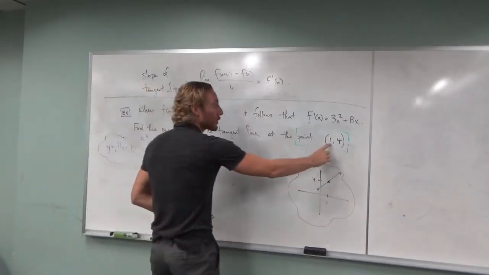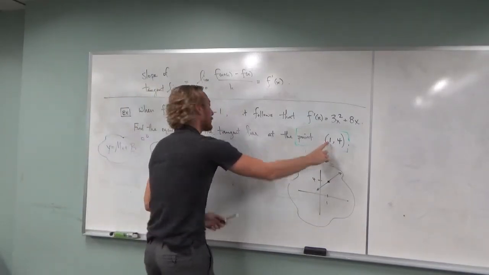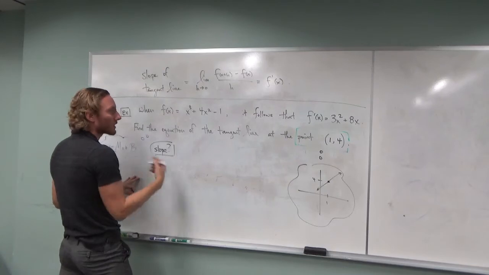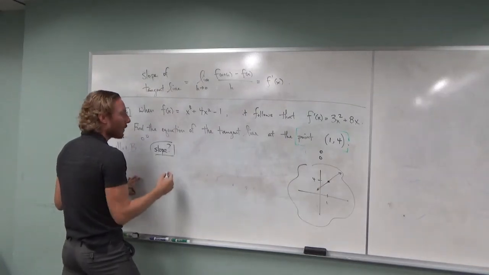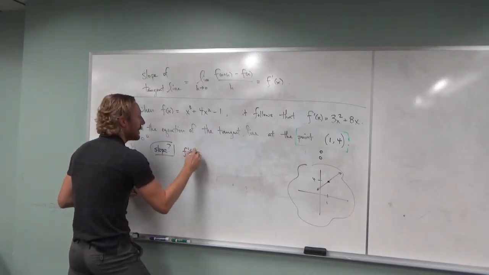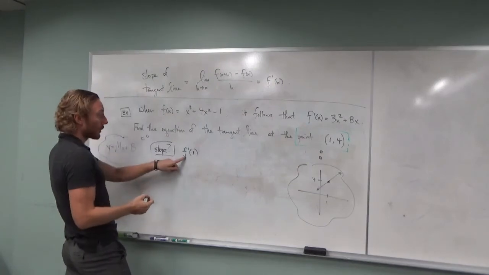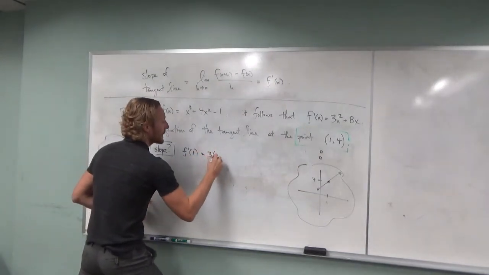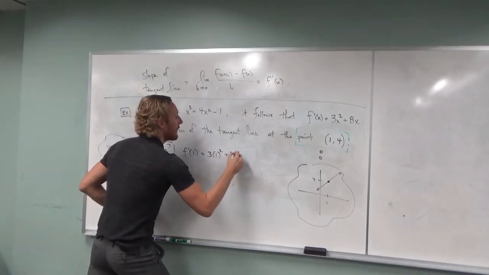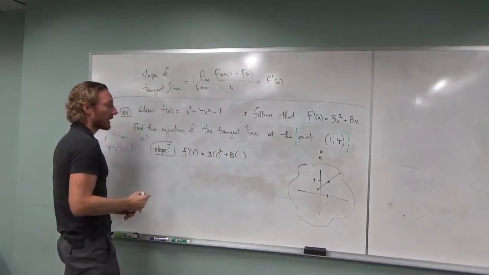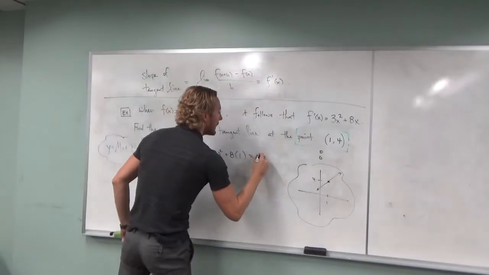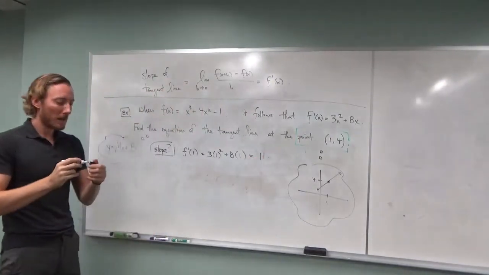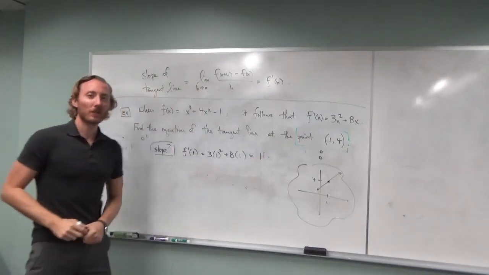So in our situation, we're interested in x equals 1. We want to know the slope of the tangent line at x equals 1. That's going to be f prime of 1. Well, plug in: that's 3 times 1 squared plus 8 times 1. That's 3 plus 8, that's 11. So we know the slope of our tangent line is 11.